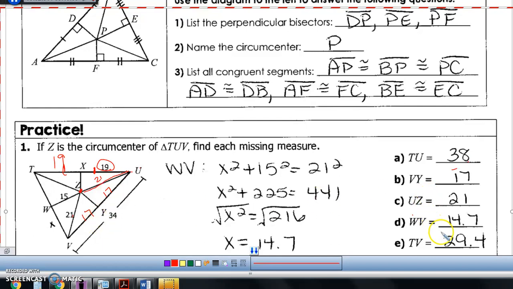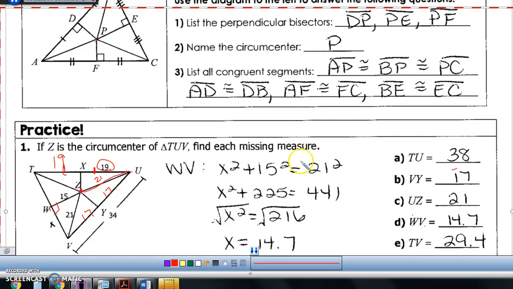All right. Now your next one is WV. All right, so let's look at that one. So WV, remember up here in our drawing, when it went from the circumcenter, it was perpendicular to the side. So here's the circumcenter. It is perpendicular to this side.